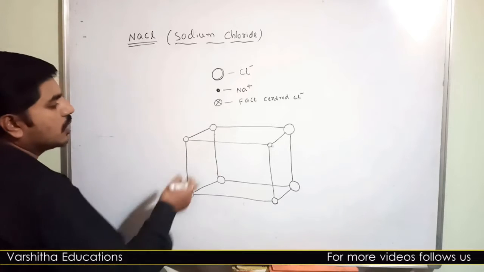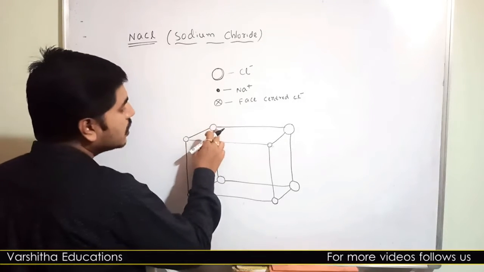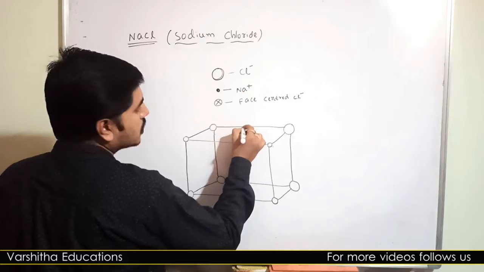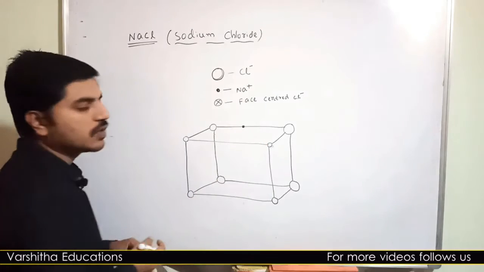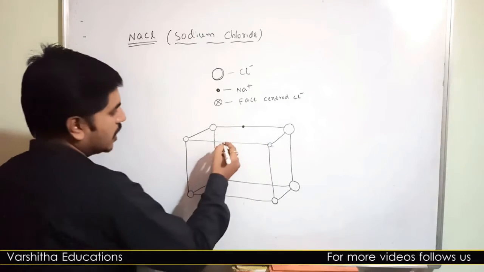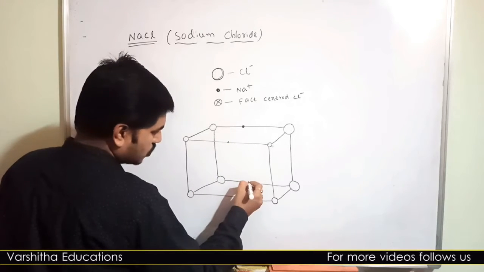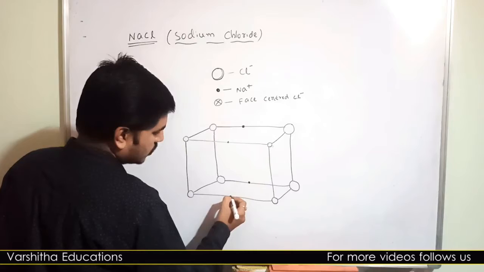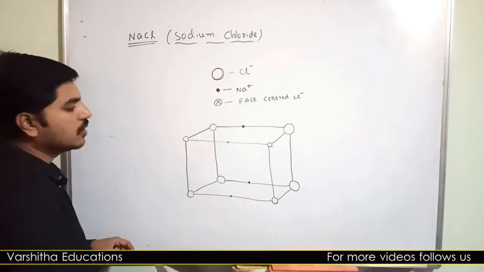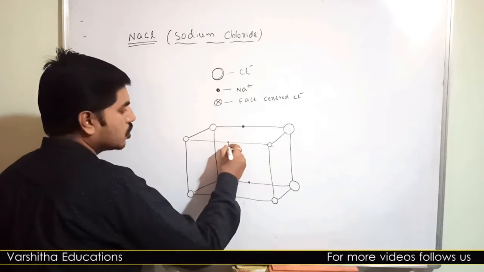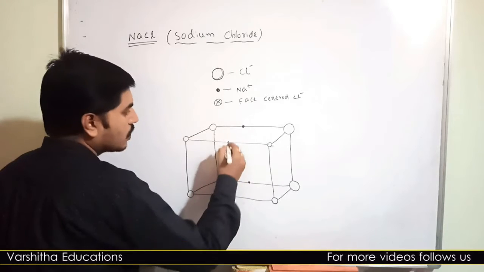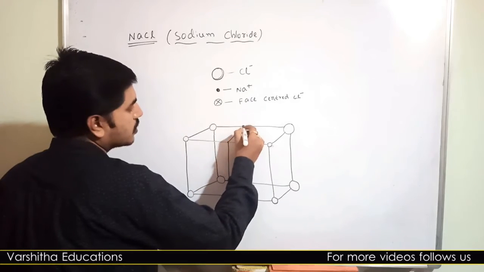Next, I am going to take, in the middle of these 2 chlorine atoms, one sodium Na plus, and here also one sodium has to be present. In the middle of this, one sodium, and also in the middle of the 2 chlorines here. So one sodium, I am going to join this one.